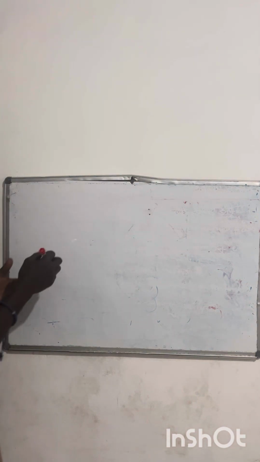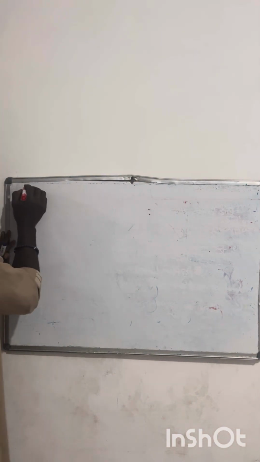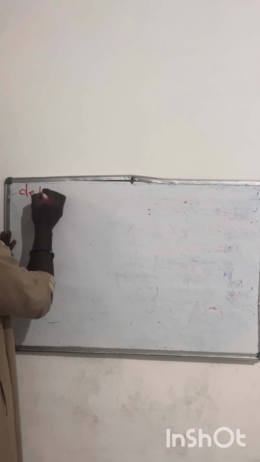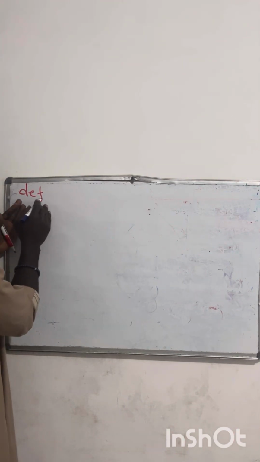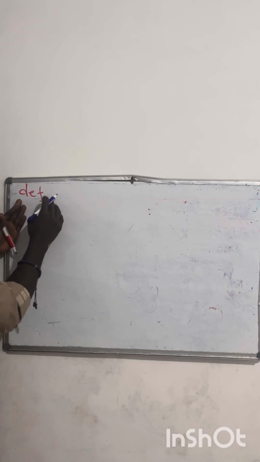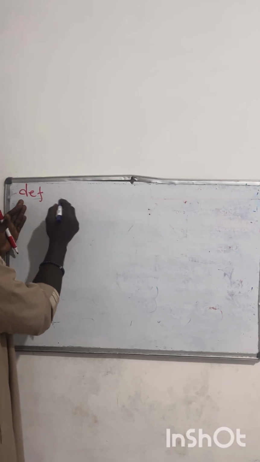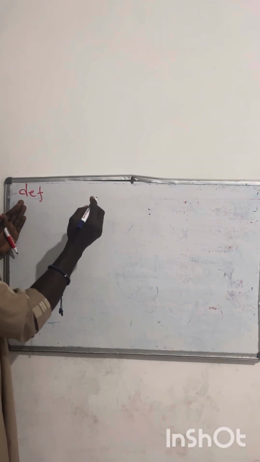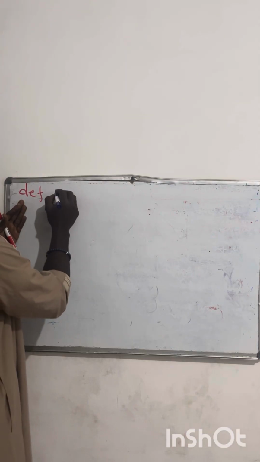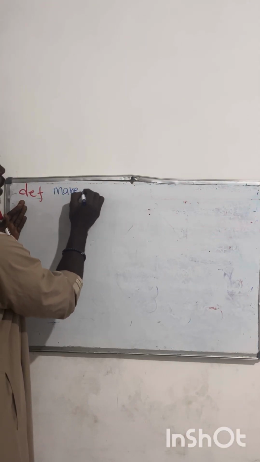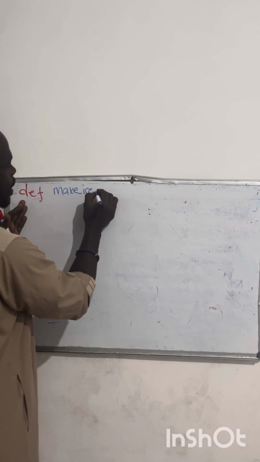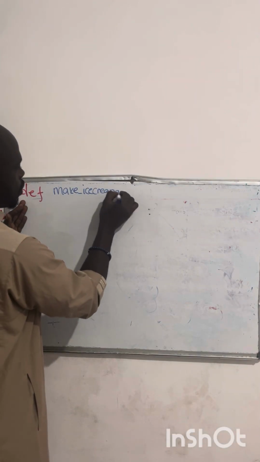So let's define our function. We are going to define, def, our function. Remember, we use the keyword def, and then we follow it by our function name. Let's call our function make ice cream.